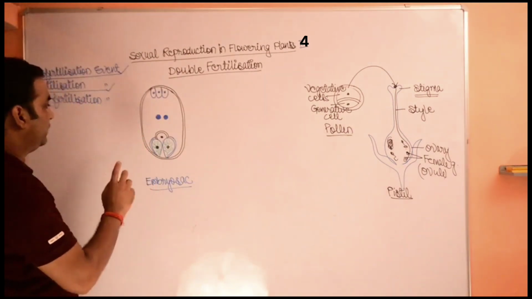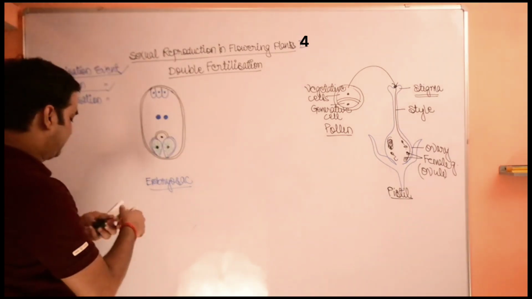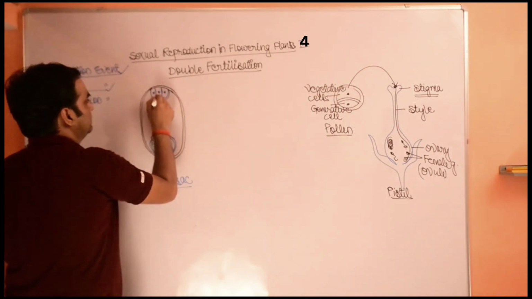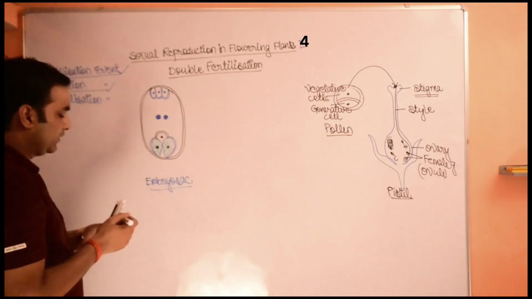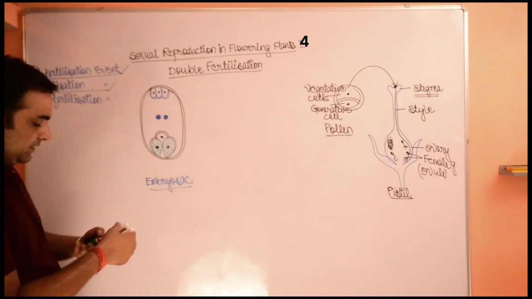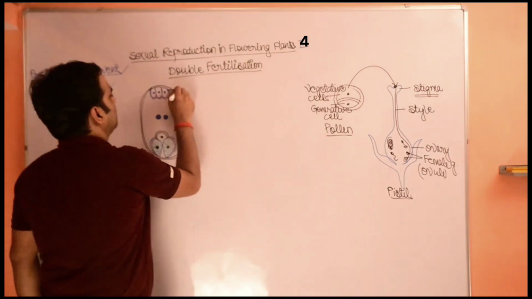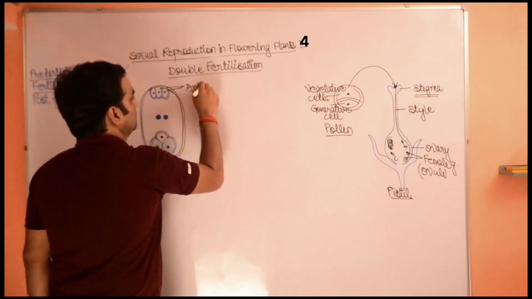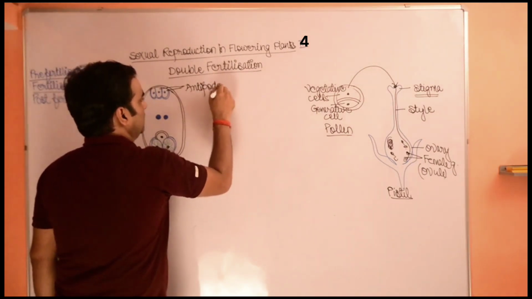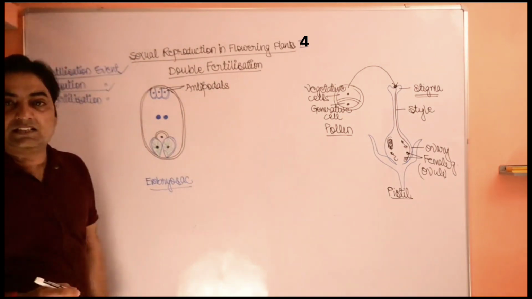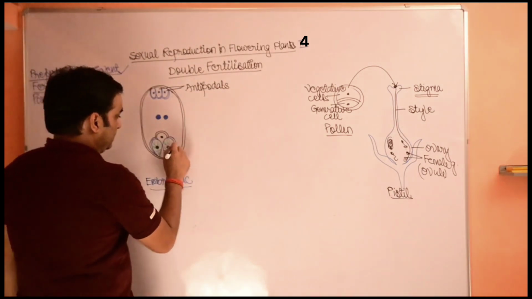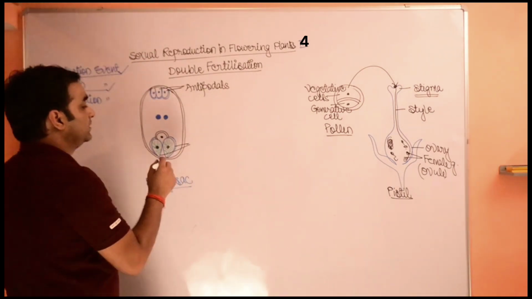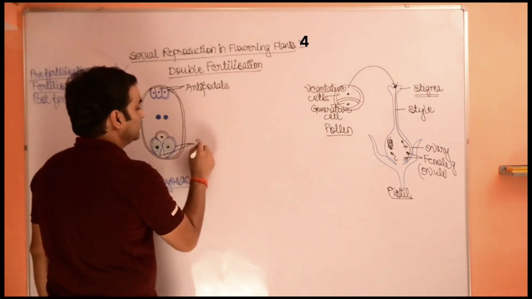So this is the female gamete we have to study today, and these are the cells. Let us label first. These cells are called antipodals, or antipodal cells. These two cells, similar in structure and having finger-like projections, are called synergids.